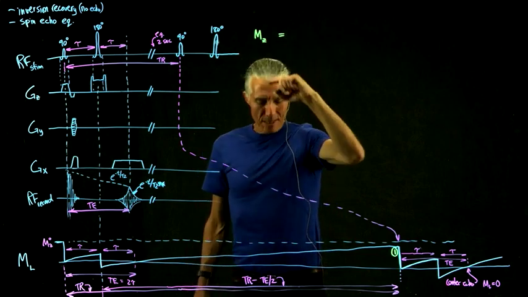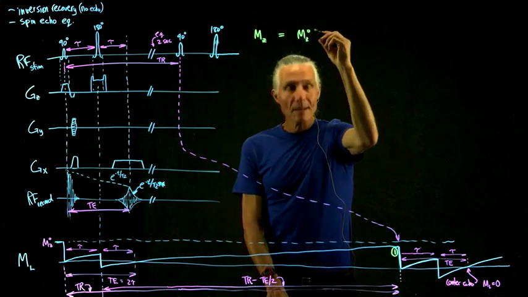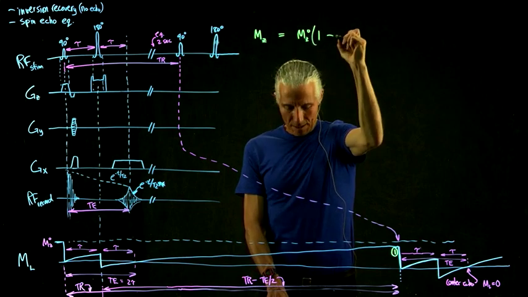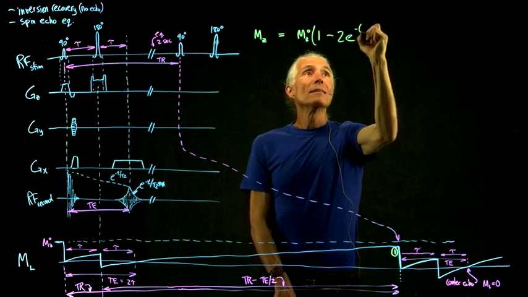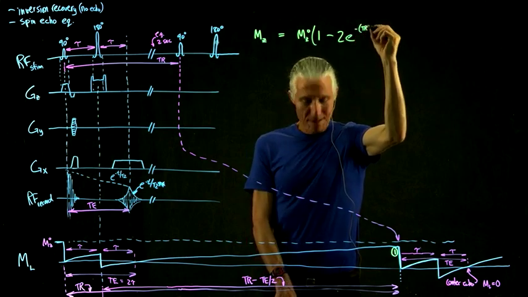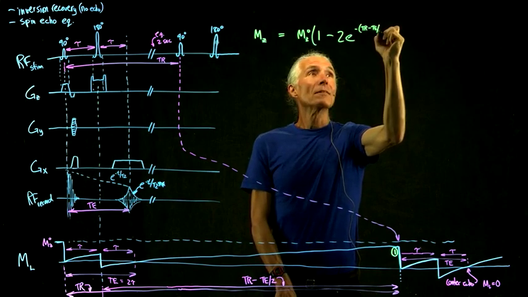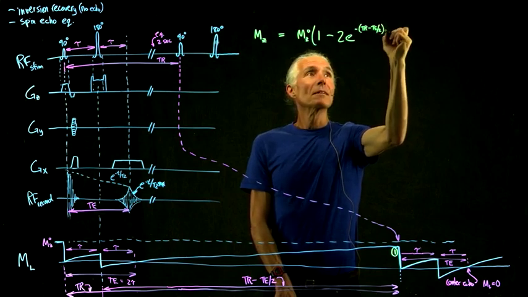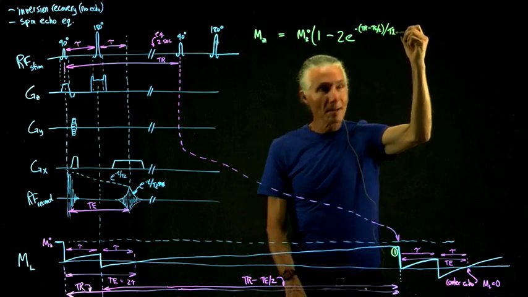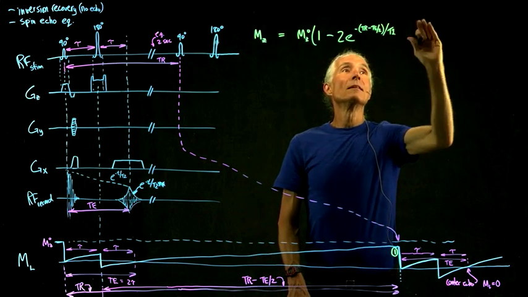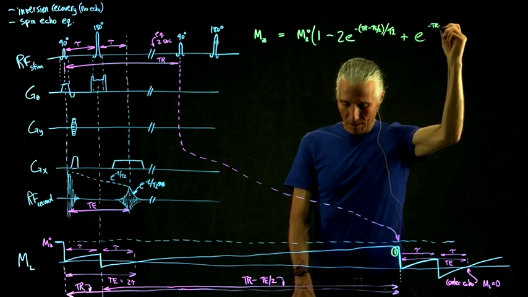And so that Mz is equal to Mz0 times 1 minus 2e to the minus (TR minus TE over 2, that's tau) divided by T1, plus e to the minus TR over T1.